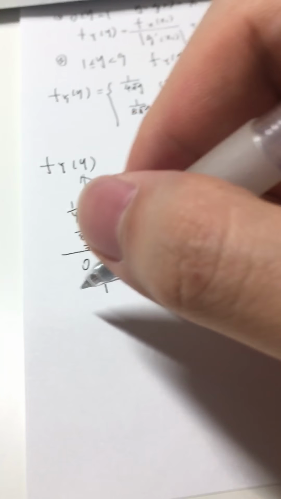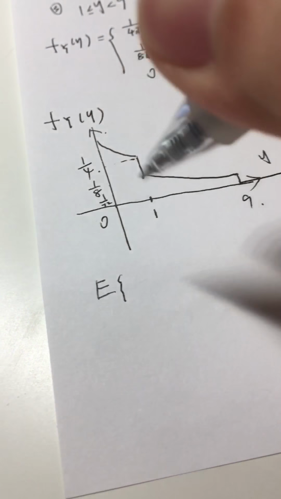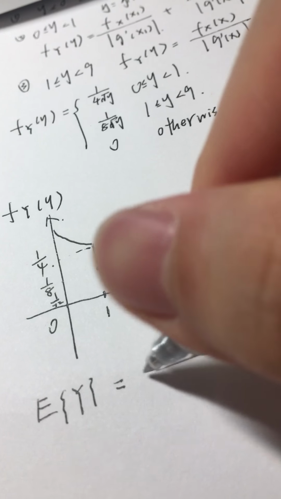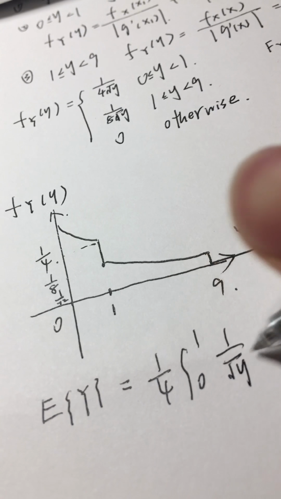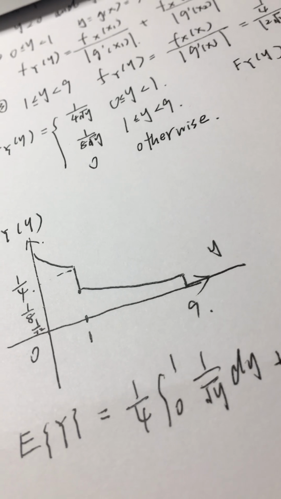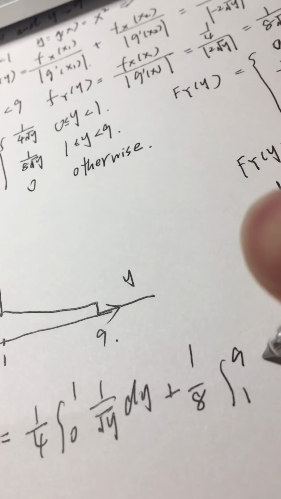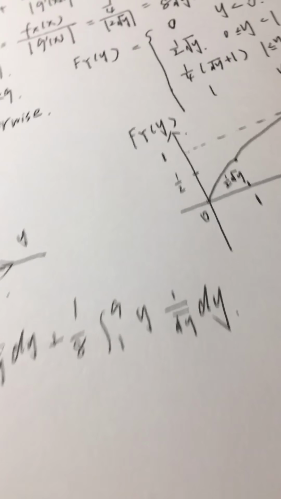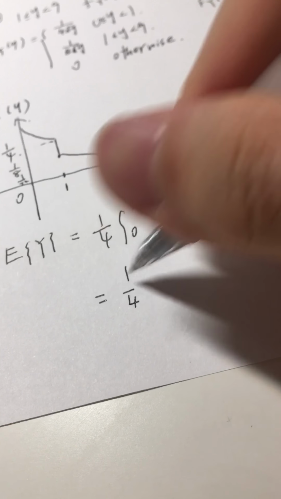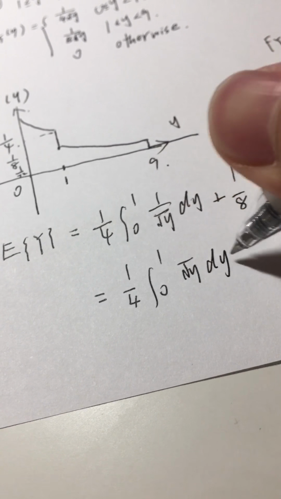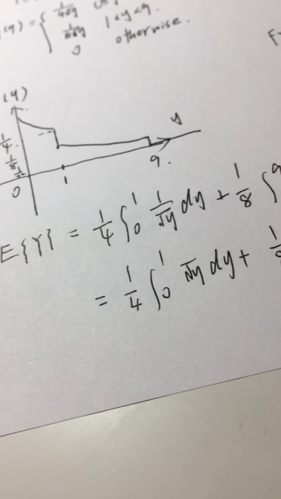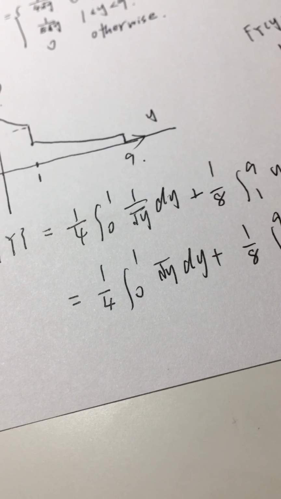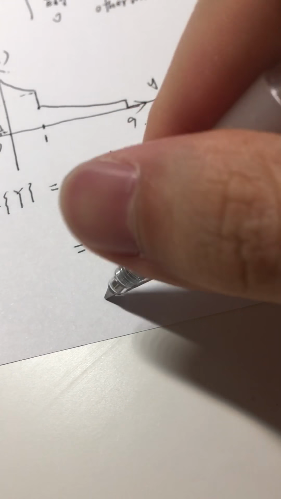And finally, we need to calculate the expected value of y, which equals the integral of y times fy of y dy, the integral from 1 to 9 of the square root of y dy, plus the first part.